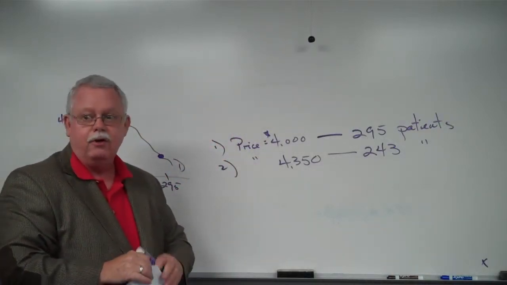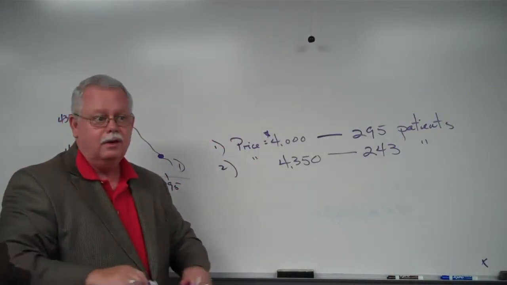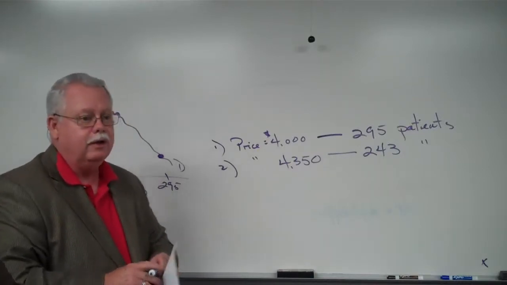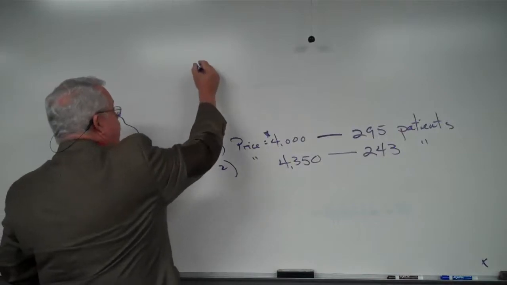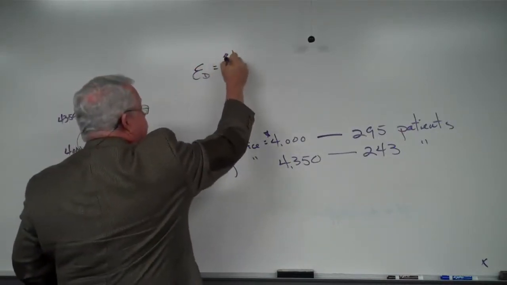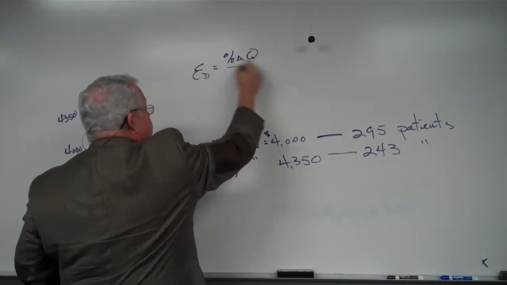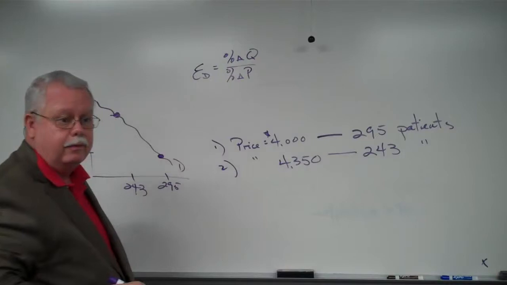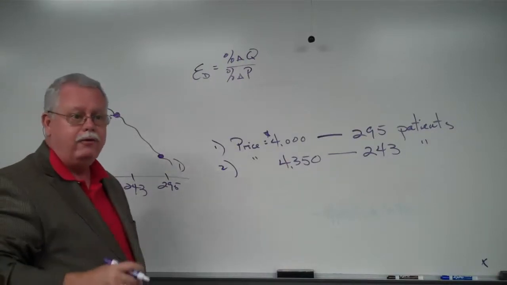Anybody worked on this and comfortable with it? Use the midpoint formula? I use the midpoint formula, and I use it this way. The price elasticity of demand is the percentage change in quantity over the percentage change in price, always.